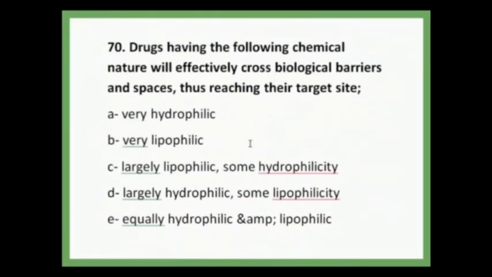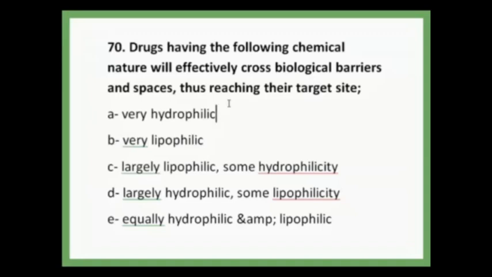Now moving on to the last MCQ of this video. Drugs having the following chemical nature will effectively cross biological barriers and spaces, thus reaching their target site. In this MCQ we are asked about the properties of the drugs that actually make it easier for the drugs to move across the biological barriers.